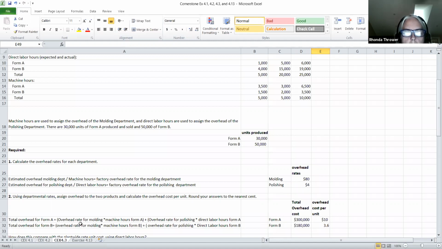This is the formula for calculating the total overhead cost.